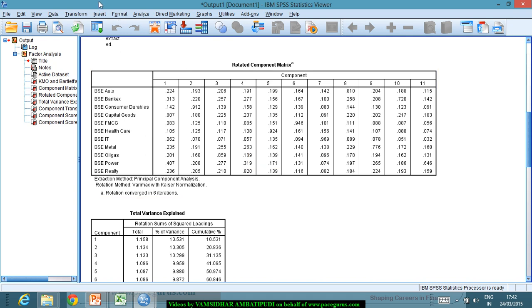This is the first component that got formed. Then the second, then the third, 11 components are formed in this particular manner, right?